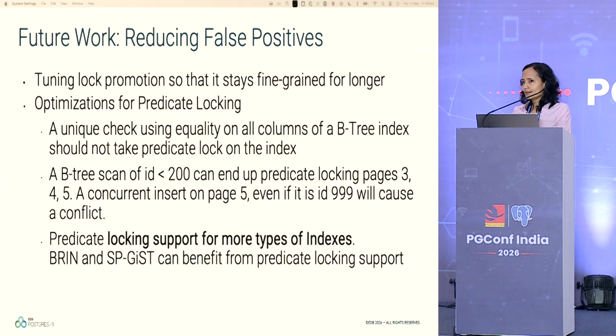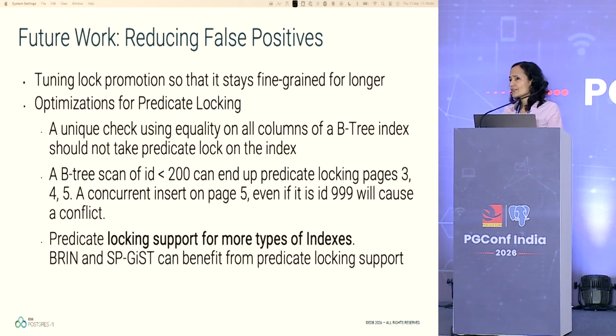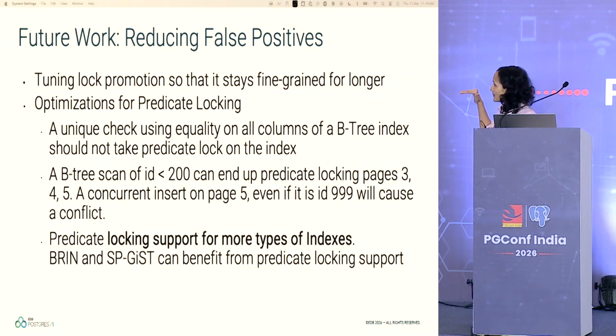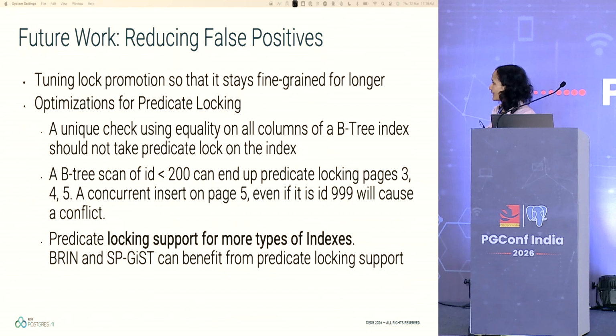Like we saw in that example of the on-call engineers, it can happen that even a unique check using equality on all columns of a B-tree index should not cause us to take a predicate lock on the index. We were seeing a predicate lock on the page even though we were checking for a precise value in that index.